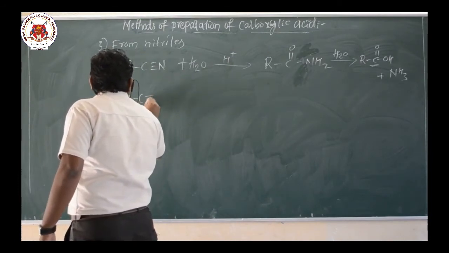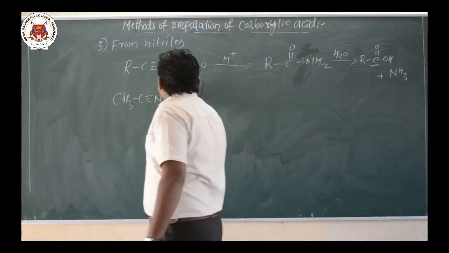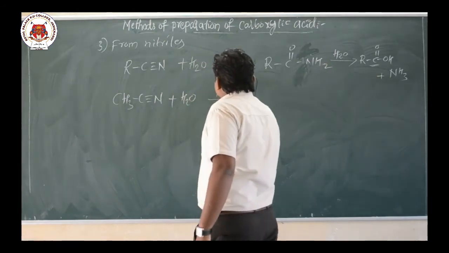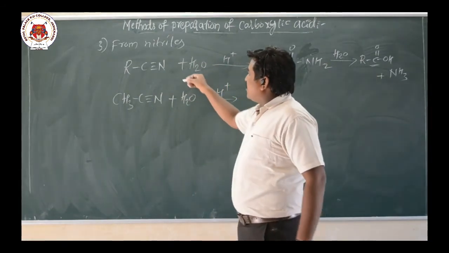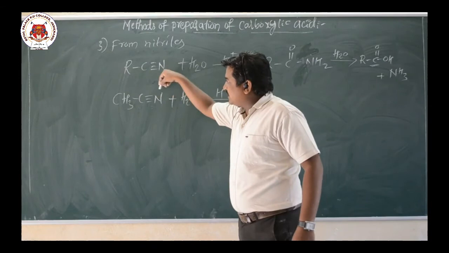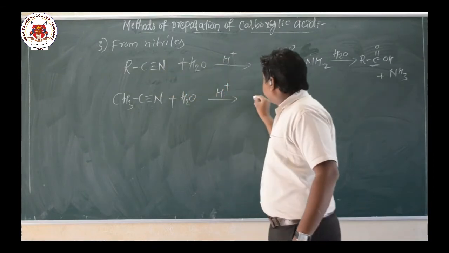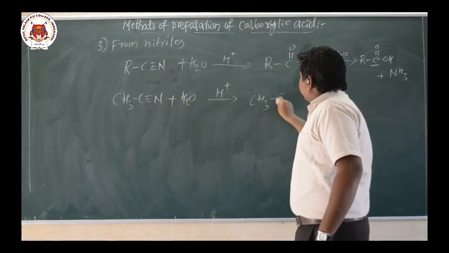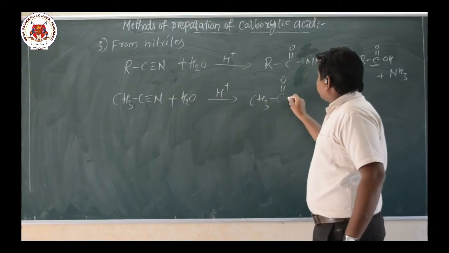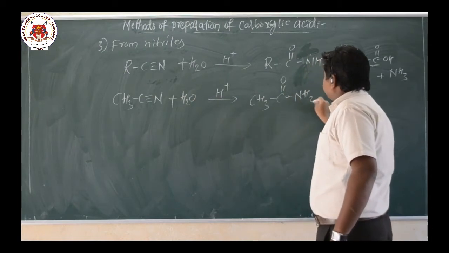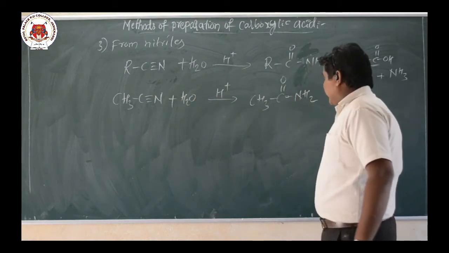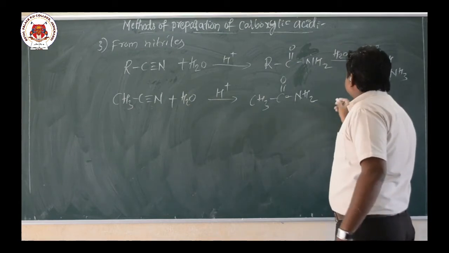Ethane nitrile undergoes acid hydrolysis, so that gives an amide, with addition of the oxygen part to the carbon atom and the H2 part to the nitrogen atom. So now here CH3, addition of oxygen, and two hydrogens add to the nitrogen side. So there is a formation of what here? Amide, ethanamide.